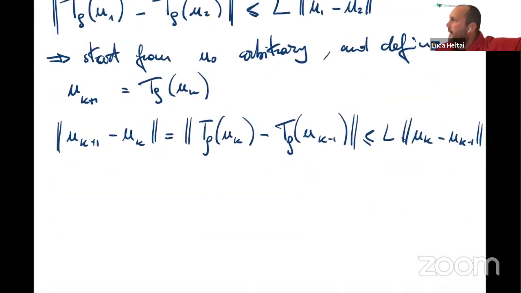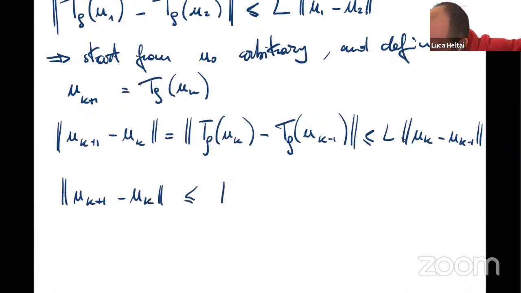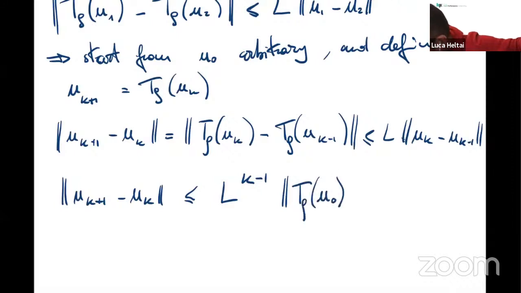Now if I keep going down to the first iteration, this is telling you that the norm of u_k minus u_{k-1} is smaller or equal than L to the power k minus 1, I think it's probably k minus 1, times the norm of T rho of u0 minus u0.